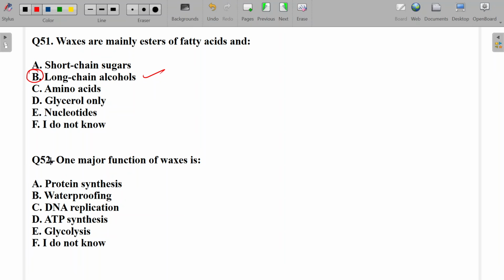Question 52. One major function of waxes is: A. Protein synthesis, B. Waterproofing, C. DNA replication, D. ATP synthesis, E. Glycolysis, F. I do not know. Waterproofing. Yes, waterproofing.